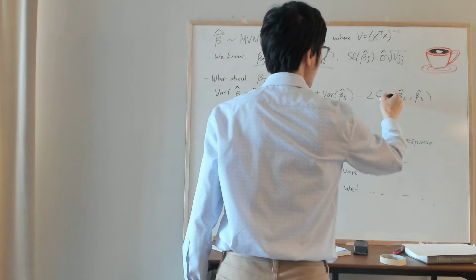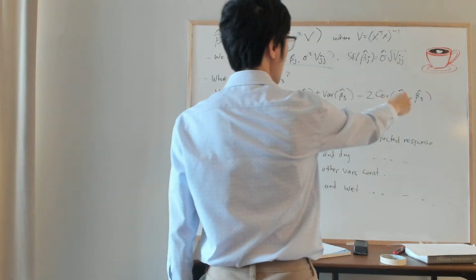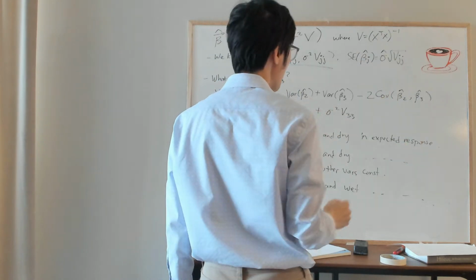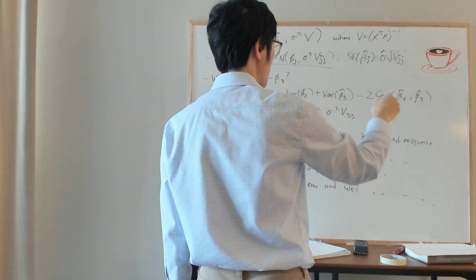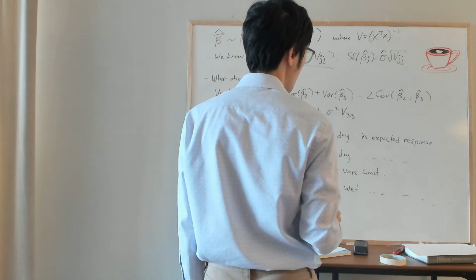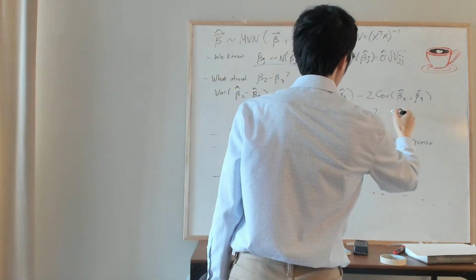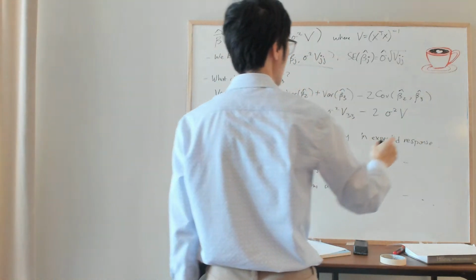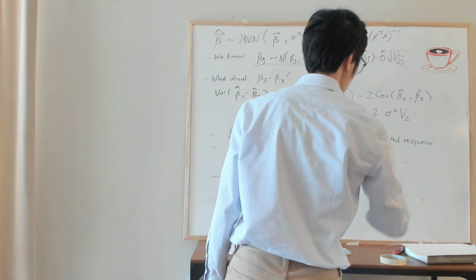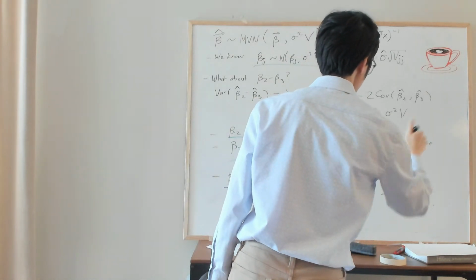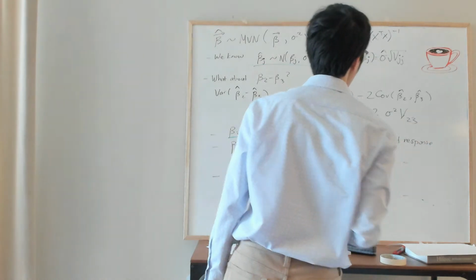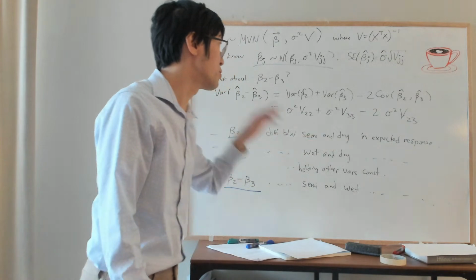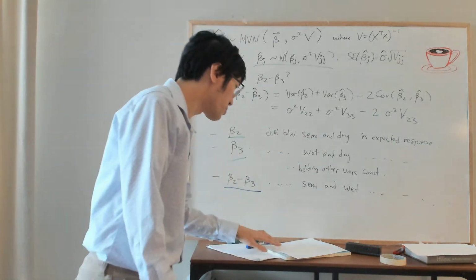Remember the matrix is symmetric, so you can either look at the entry in the second row, third column, or second column, third row. They'll be identical. The entry there is sigma squared times the corresponding entry of V, so V23 or V32 are the same. That's where the covariance term in the estimated covariance matrix is useful.